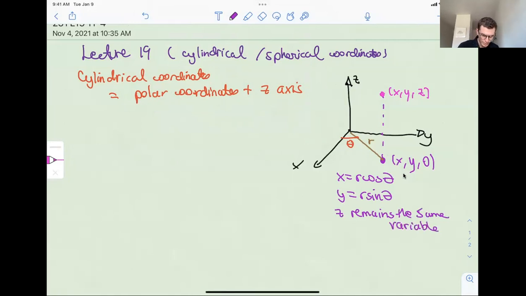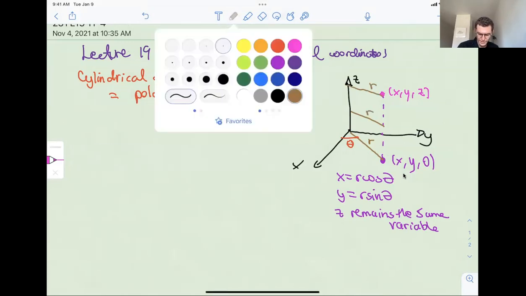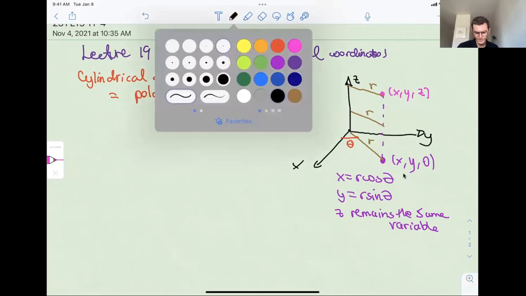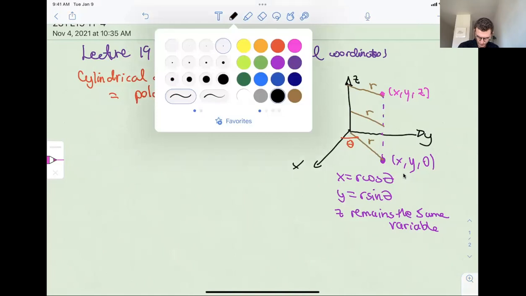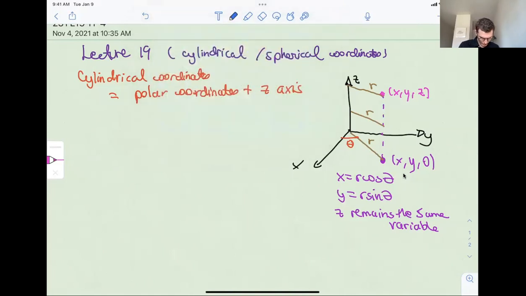Okay, so in the context of cylindrical coordinates, you can think of r as the distance of a point to the z-axis. So r is still the root of x squared plus y squared.